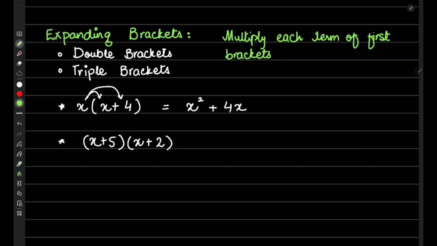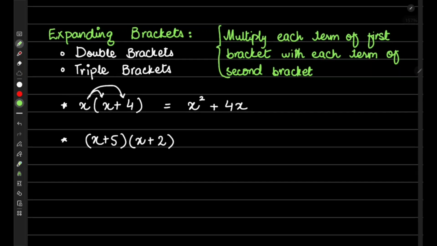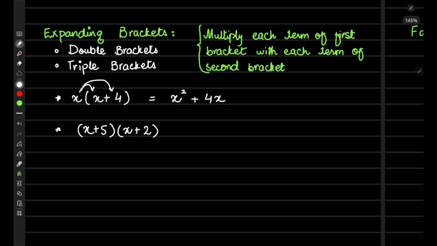You just have to multiply each term with each term of both brackets. That's it.